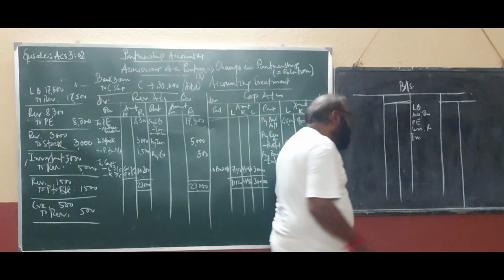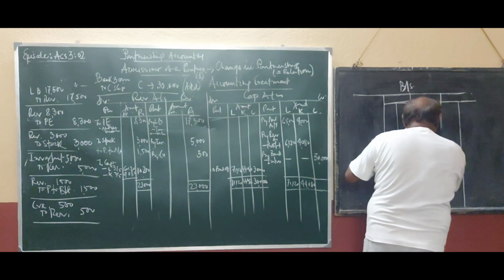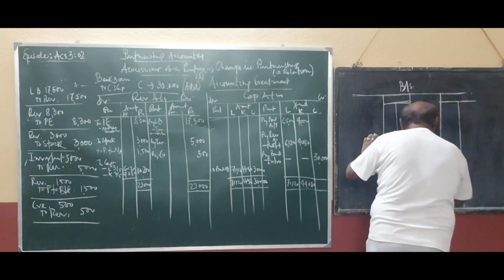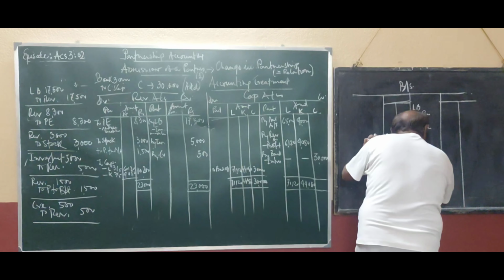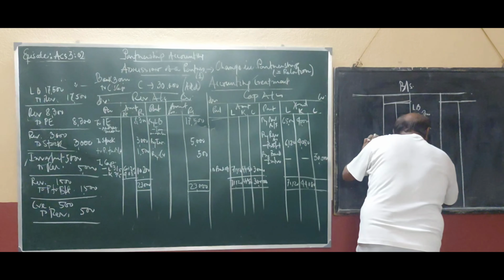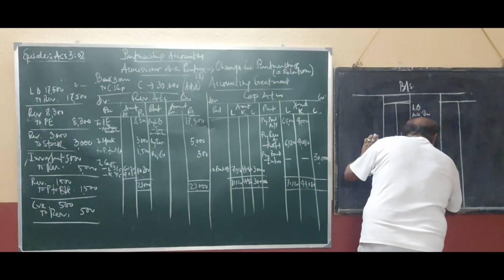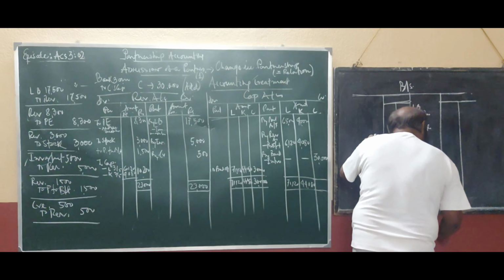Motor vehicles, no change in motor vehicles. जरूरत नहीं है. MV. अच्छा, here it will be investment, then stock, then debtors, sundry debtors, less PBD, okay, then bank.